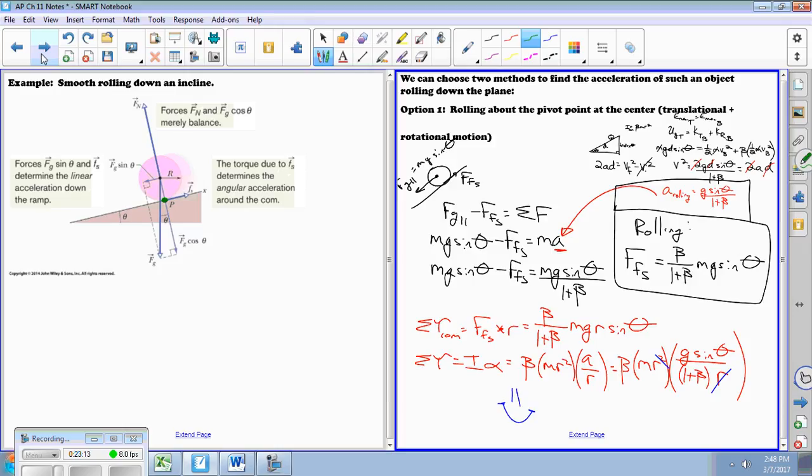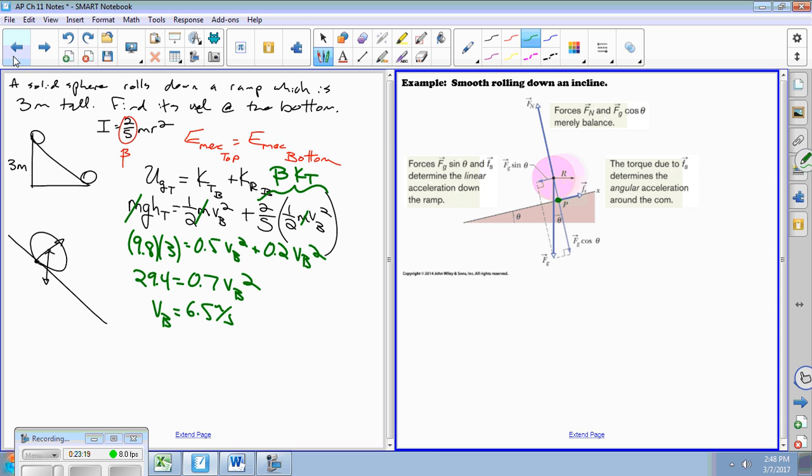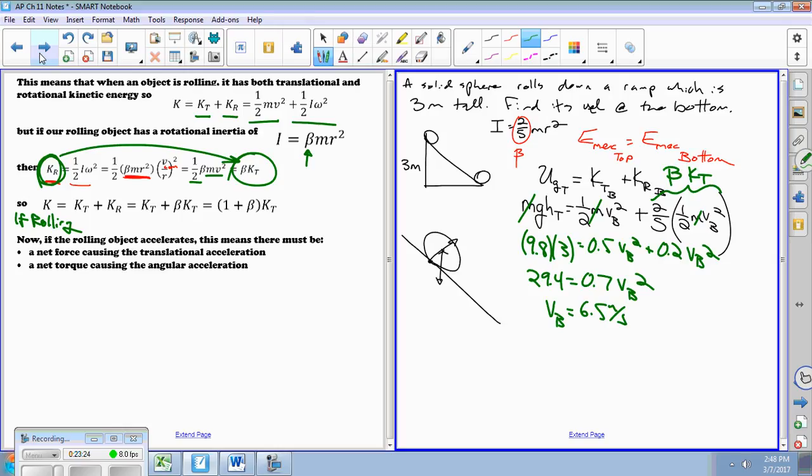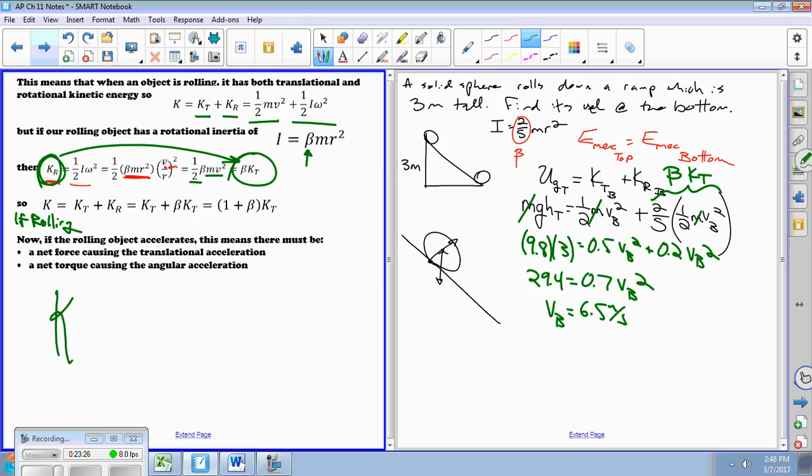If you take one thing away from all that stuff we did yesterday, it is this idea right here, that your rotational kinetic energy is equal to beta times your translational kinetic energy. And what was beta? The fraction from I.